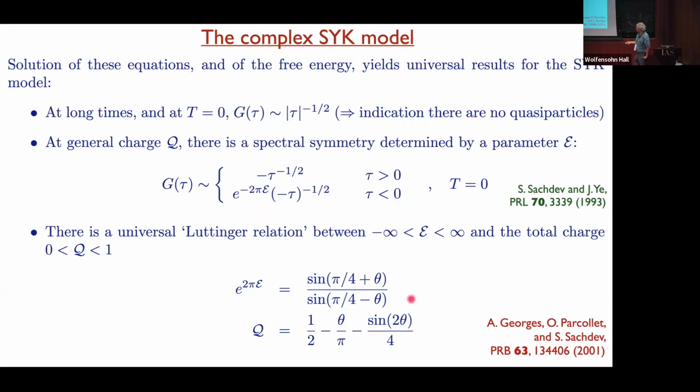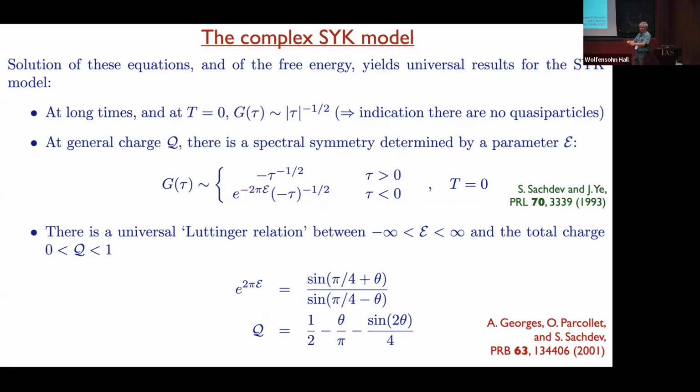And somewhat later, in this paper with Georges and Parcollet, we also showed that there was a Luttinger theorem. There's no Fermi surface here, but there's still this anomaly effect that's fixing the particle-hole asymmetry. So this tau greater than 0 and tau less than 0 at 0 temperature are just the Green's functions of a particle and a hole. And this epsilon is a measure of the size of the particle-hole asymmetry.